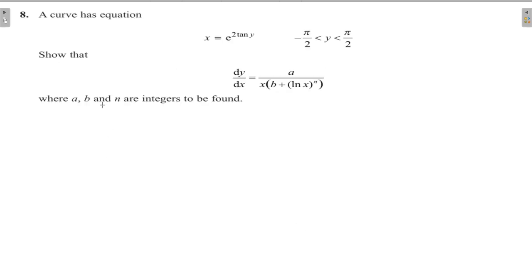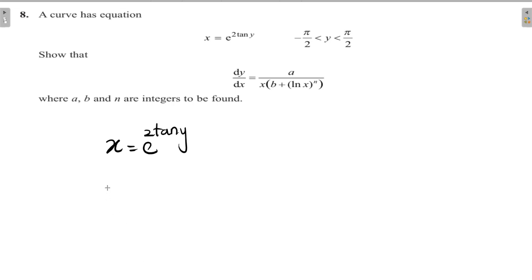Question number 8. A curve has an equation x equal to e power 2 tan y. Show that dy by dx, but the curve is given x equal to, here always there is a possibility dx by dy. Differentiate the function x with respect to y.